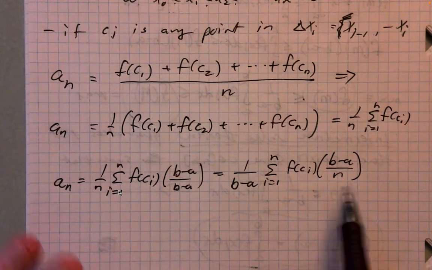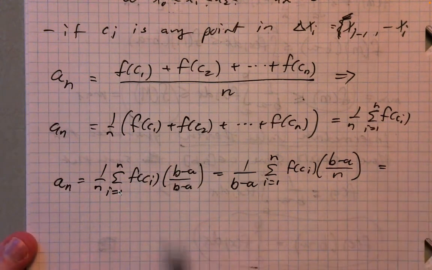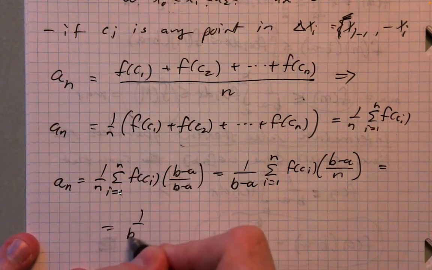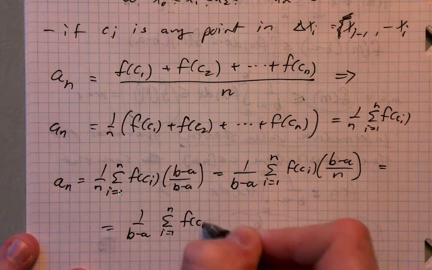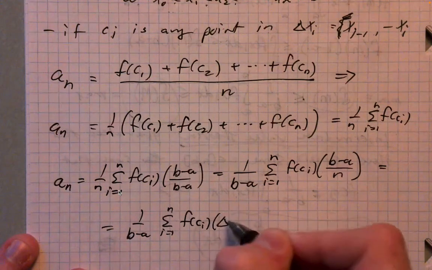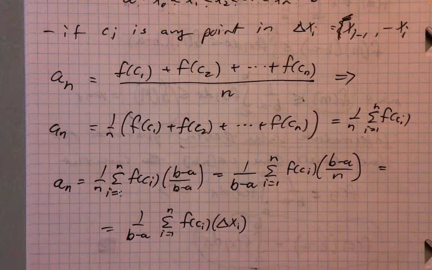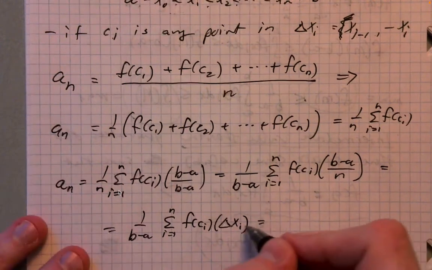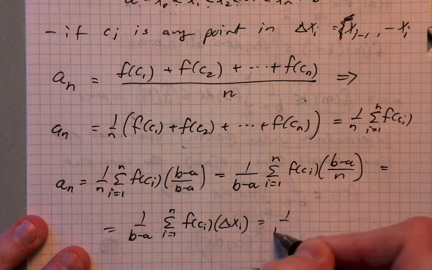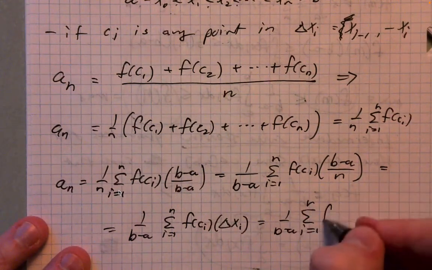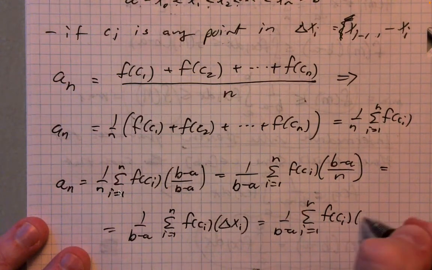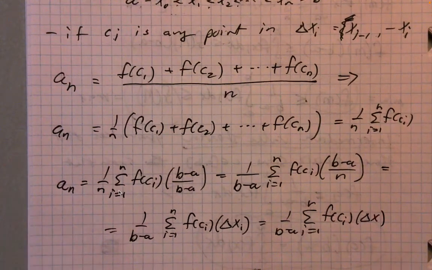We know that b minus a over n is the width of the intervals, so I get delta xi. Technically these delta xi's are all the same, so it's just delta x. It doesn't matter for this derivation, but I'll do it anyway.